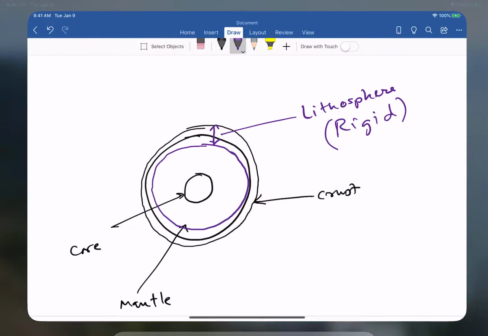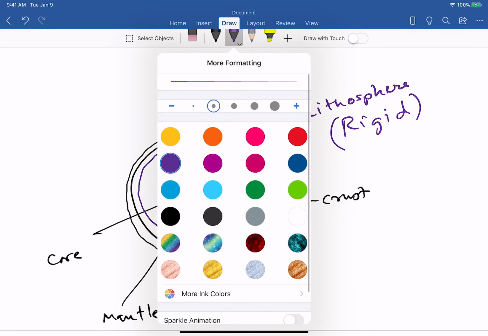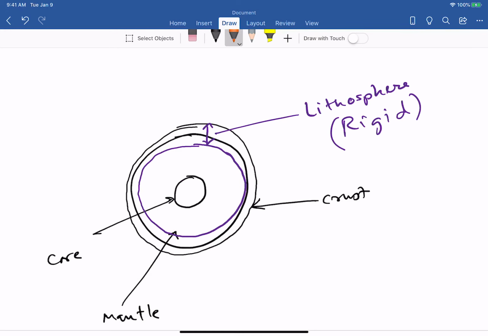So I had drawn the lithosphere over here, this purple circle. Now, just underneath the lithosphere, you have a weak region of the mantle, which I'll draw with this orange circle. I'm just also going to shade it. So this region of the mantle is called the asthenosphere.